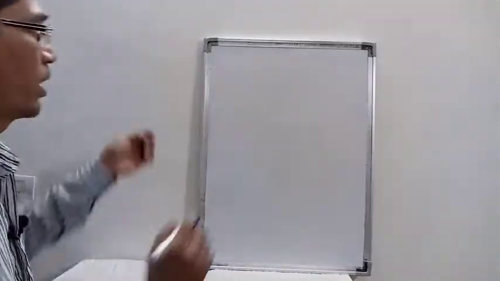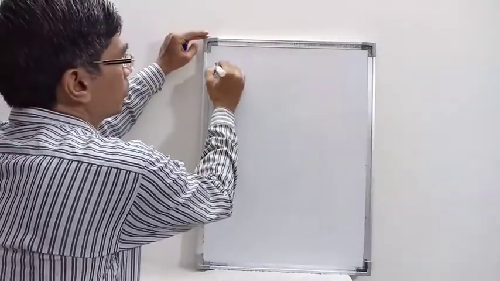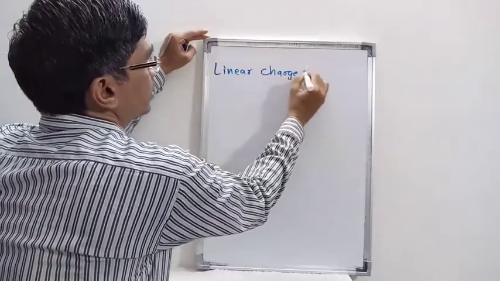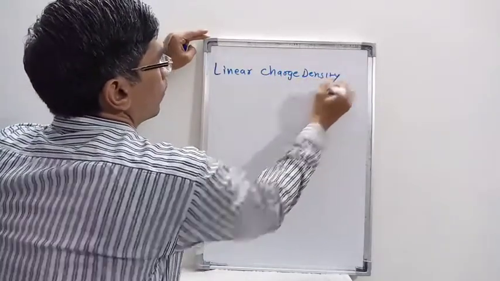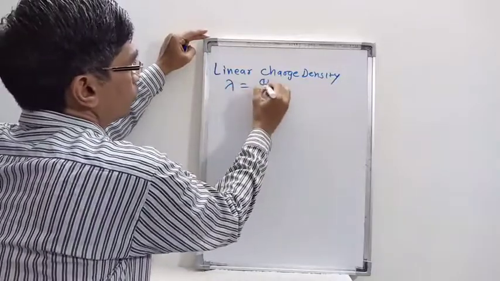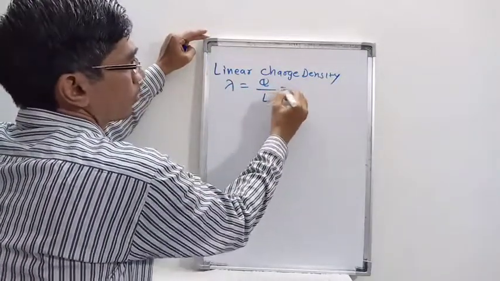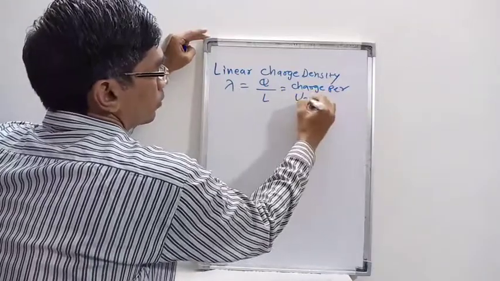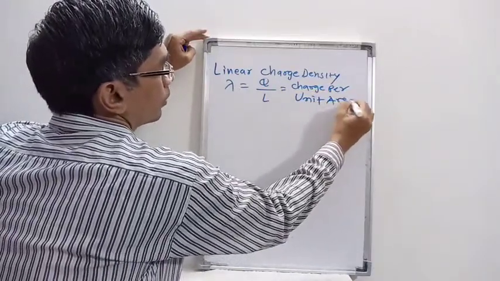So we can write the equation for the linear charge density: lambda is equal to Q upon L. So it is the charge per unit length.